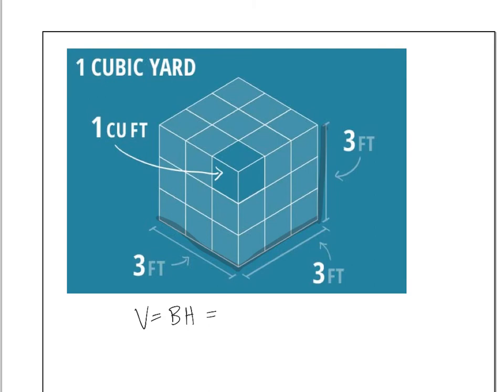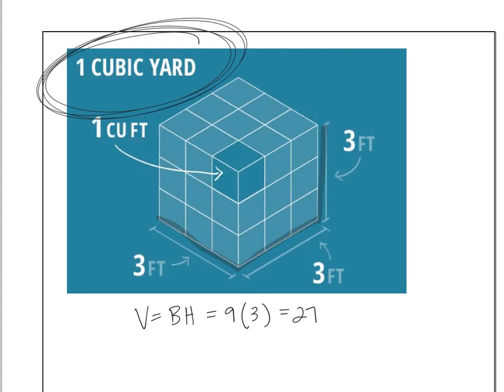So the area of the base in feet is 3 times 3, or 9, and the height is 3. 9 times 3 is 27. So in 1 cubic yard, there are 27 cubic feet. So think of that. It's made out of 27 blocks. There's 3 layers, and each layer has 9 blocks. That makes 27.